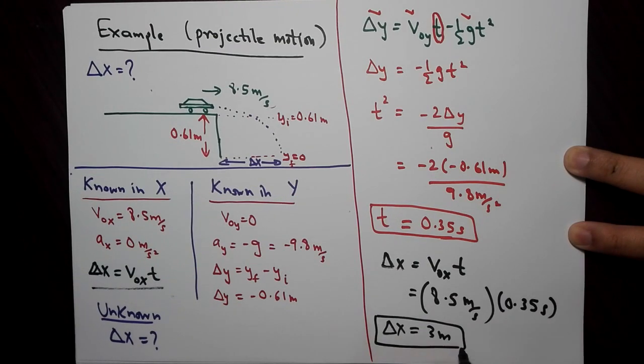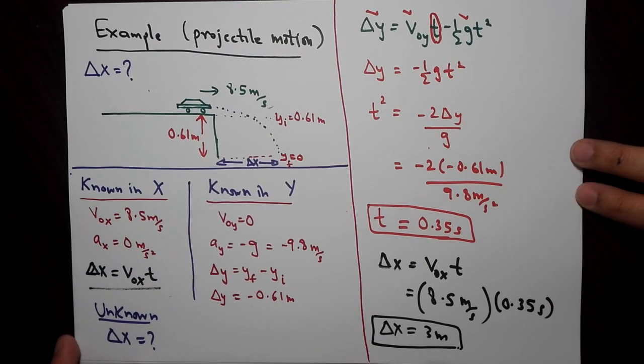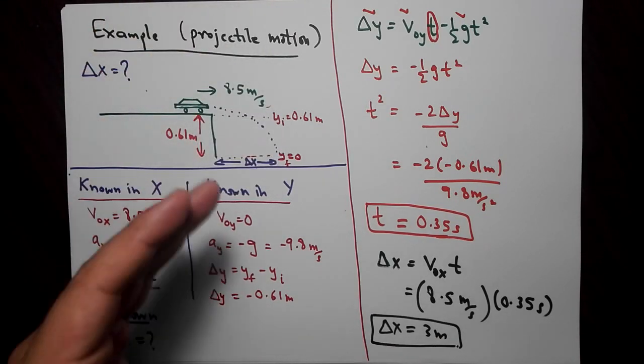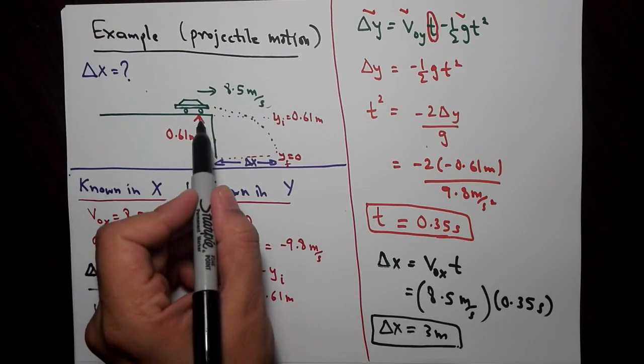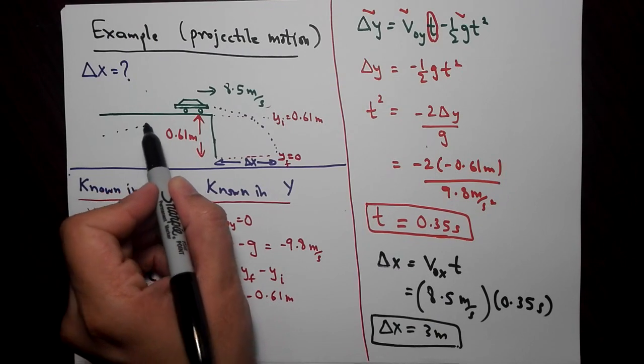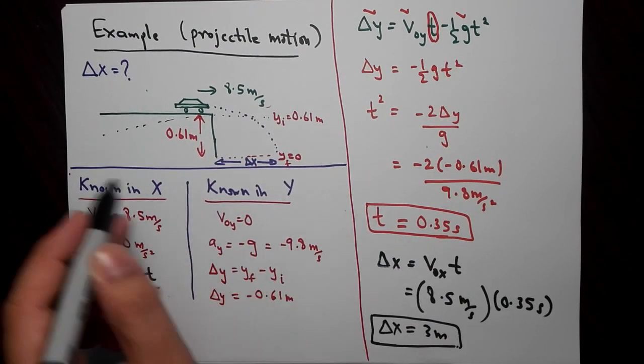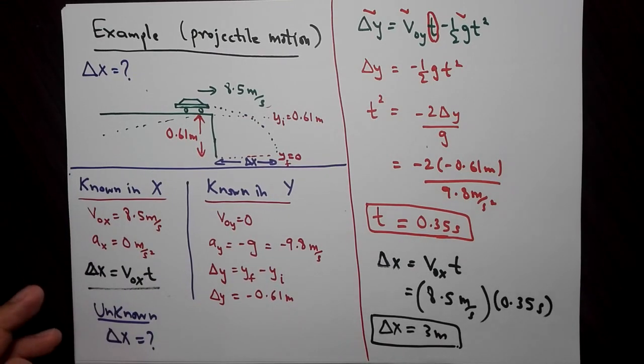So this was a relatively simple example. You can have a situation where the cliff is, for example, at an angle, and the car leaves at an angle. That makes things tricky, because then it has both a vertical and a horizontal component of velocity.